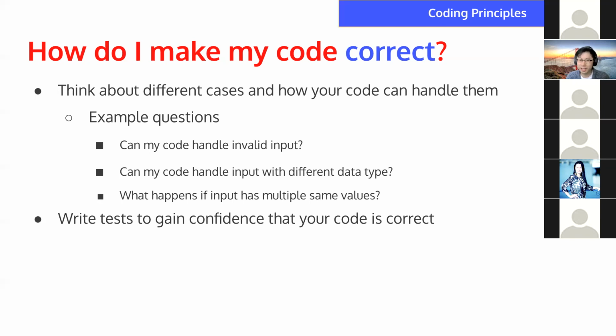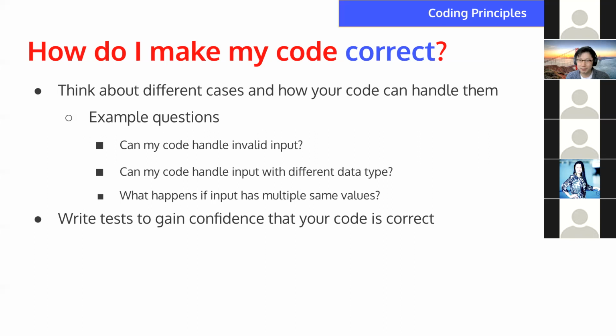You could also ask yourself, can my code handle input with different data types? If you know that you're getting an array, can that array contain other data types, such as string, integer, float, all in that one array? If so, you may need to update your code to handle them differently.